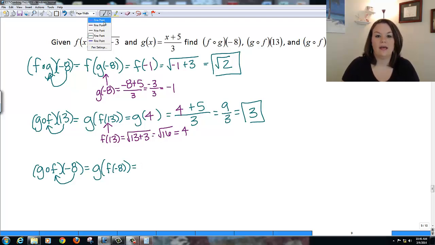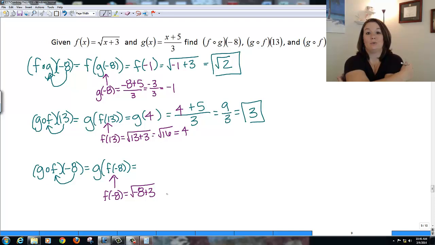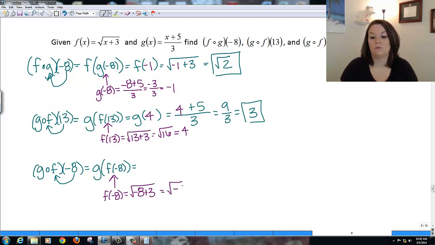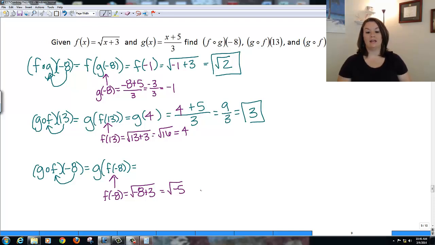So f of -8, when I plug -8 into my f function, I get the square root of -8 plus 3. Now, I have a problem here, right? Because what this gives me is the square root of -5. And remember, with our functions we have to take into consideration their domain.